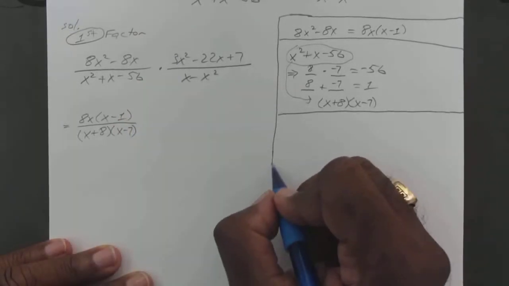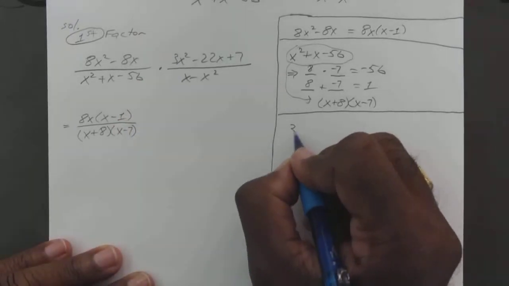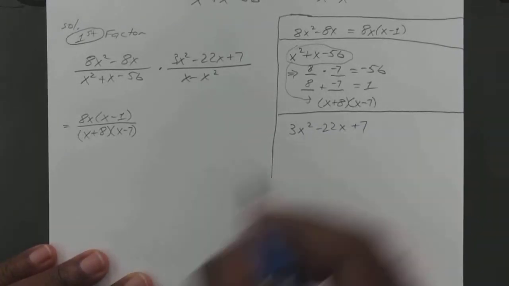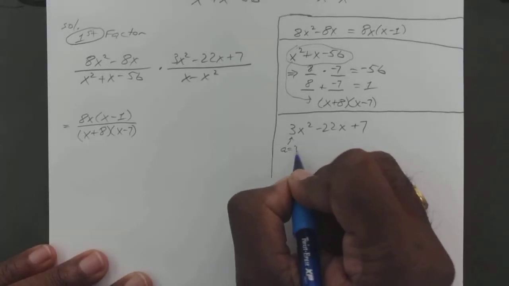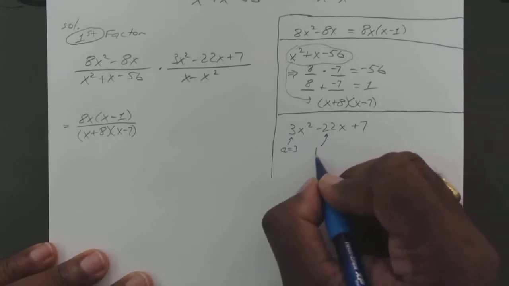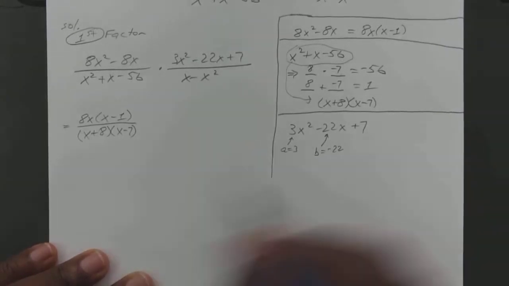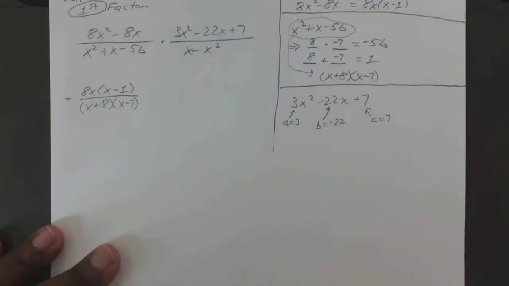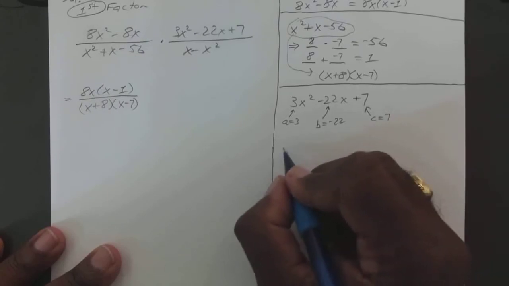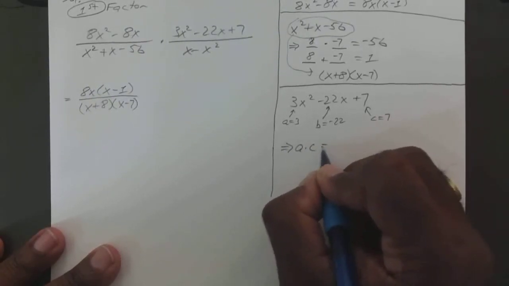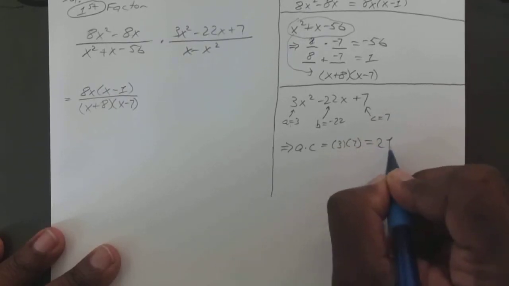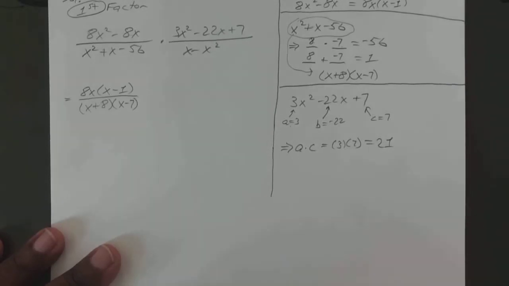Okay, so now we go ahead and do this one, which looks like the old A times C method. Okay, so we know your A is equal to 3. We know your B is equal to negative 22. And your C is equal to 7. Okay, so that means your A times C is equal to 3 times 7, which is 21.